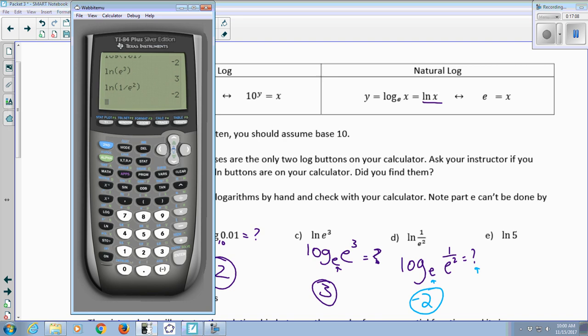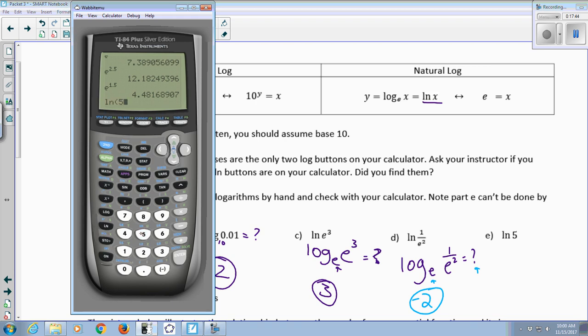All right, and then this last one, ln of 5, can't be done by hand. So it's asking E to what power gives you 5, and you could guess and check, right? You could do say, okay, well, E to the first is 2.7. E squared is too big, 7.389. So maybe we could try like E to the 1.5. Somewhere between 1 and 2. 4.48. We're getting closer, but rather than do guess and check, we can just use the calculator's button.